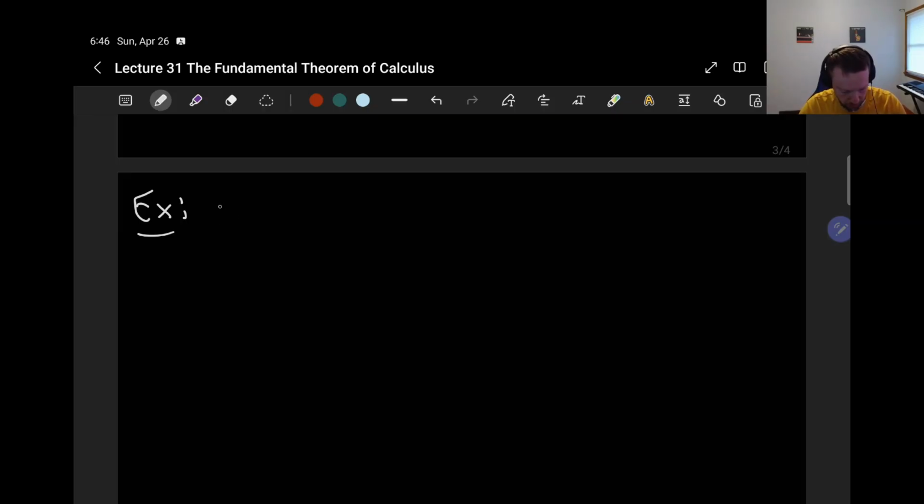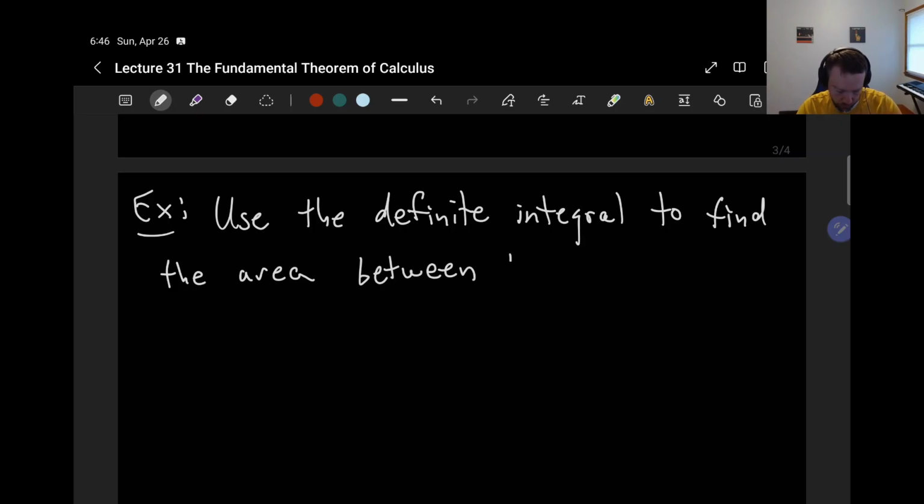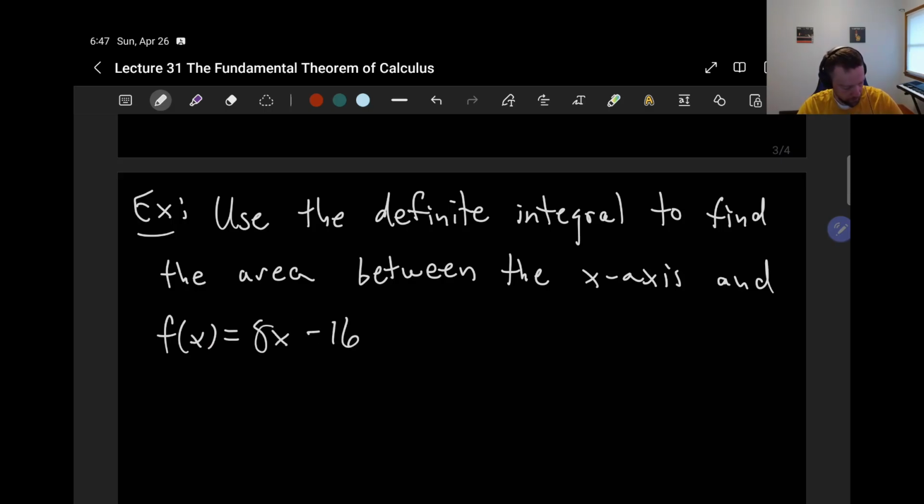So here's what the problem will look like, at least one of them. Use the definite integral to find the area between the x-axis and the function f of x equals 8x minus 16 on the interval from 1 to 5.